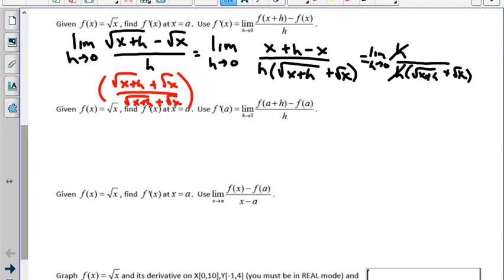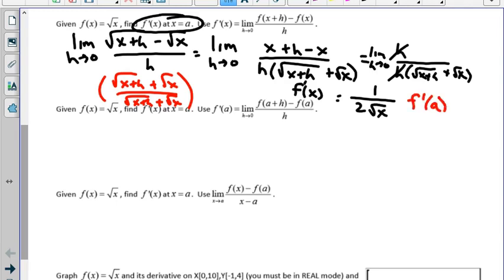The h's cancel, and now I can do a straight substitution of h equals 0 in, and I get 1 over 2 square root of x. So this is f prime of x. Now, it tells us to find f prime of x at a, so I would simply substitute in a, and I would get f prime of a equals 1 over 2 times the square root of a.